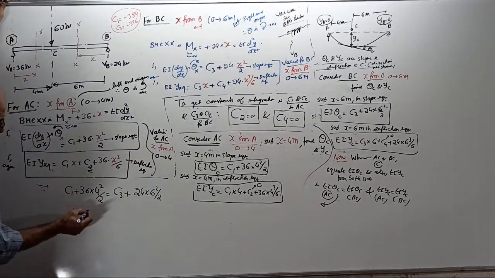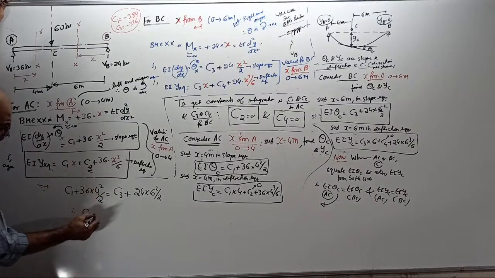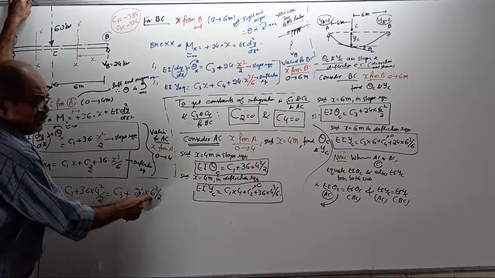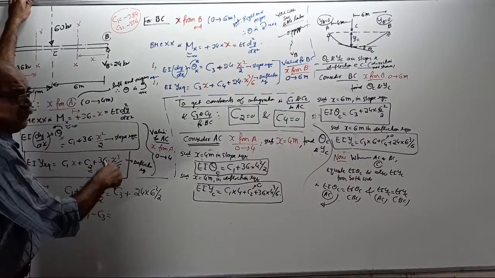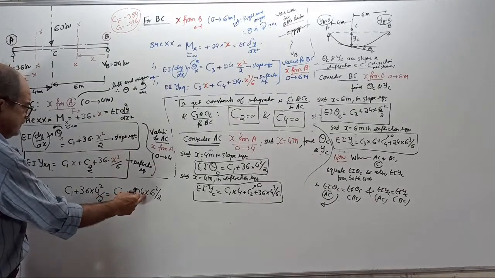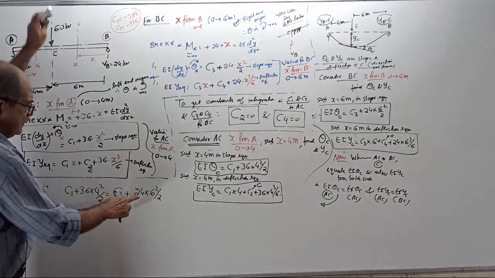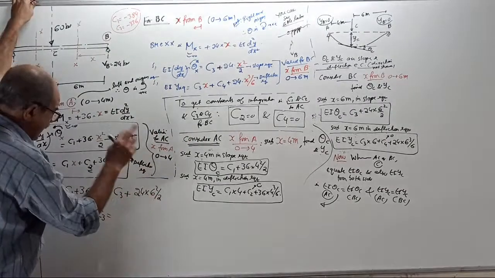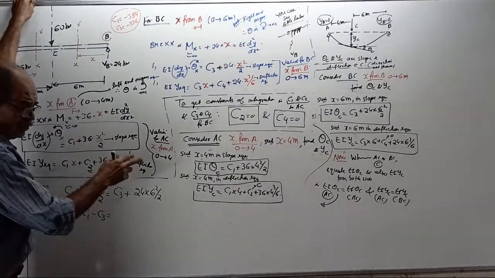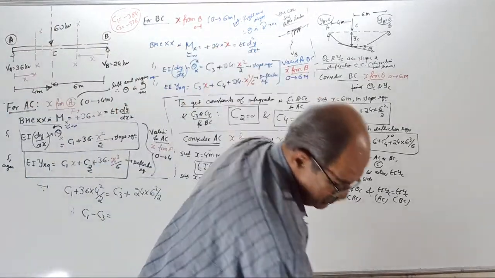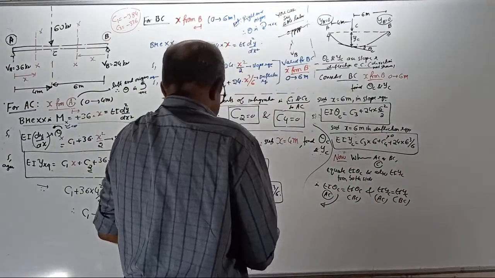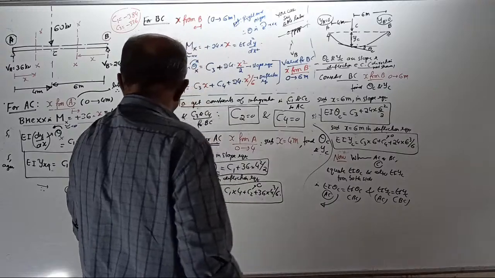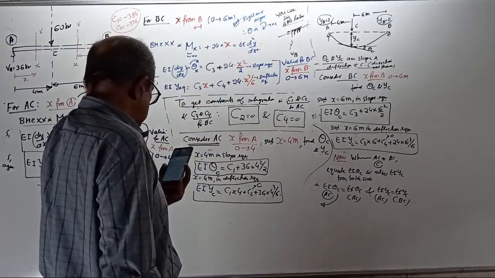You will get C1 minus C3 equal to 24 into 6 square by 2 minus 36 into 4 square by 2. Take this number this side, this number that side. Answer: 24 into 6 square by 2 minus 36 into 4 square by 2.